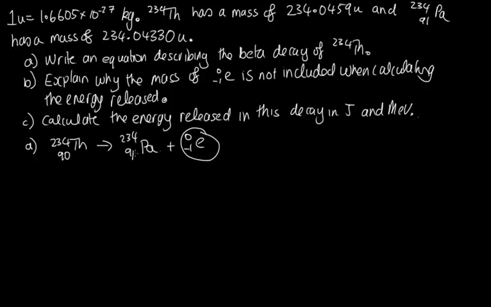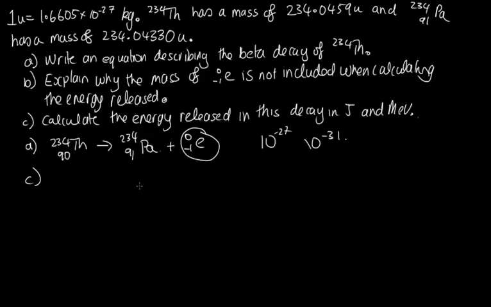And so that is already included in our atomic masses here. The other reason that we don't need to include it is that electron masses are of order 10 to the minus 31, while protons and neutrons have masses of the order 10 to the minus 27 kilograms, and so this is tiny compared to those masses, and so we can neglect it.